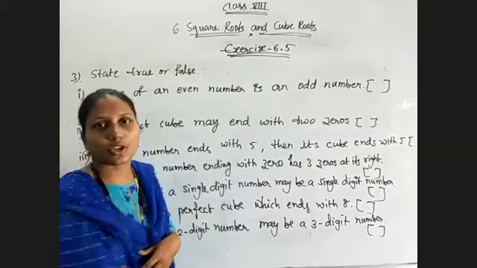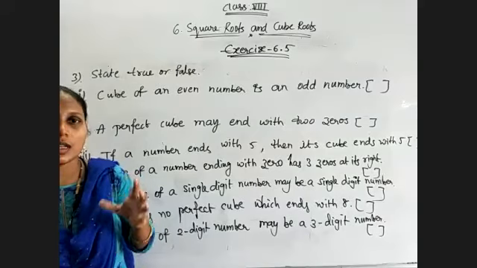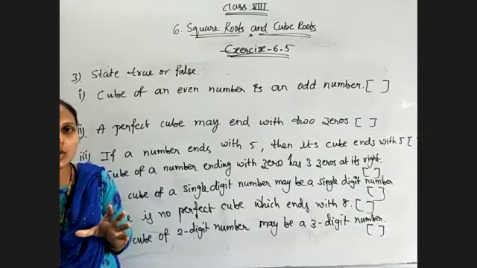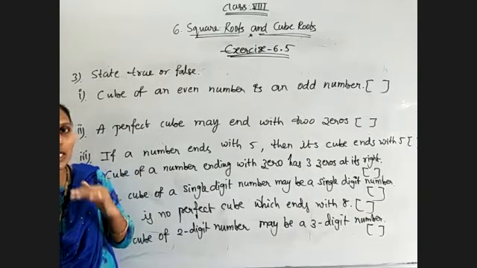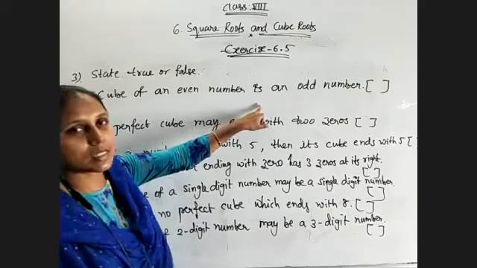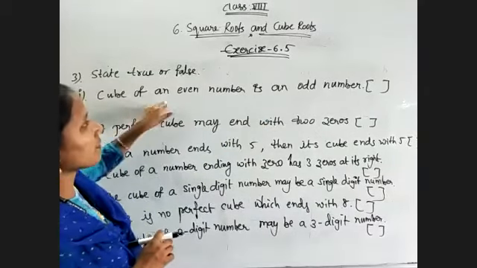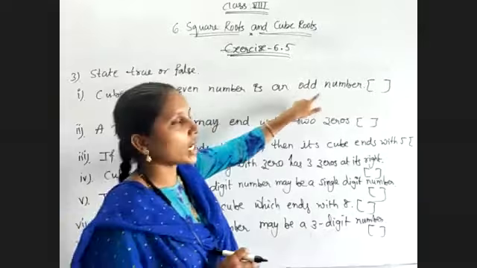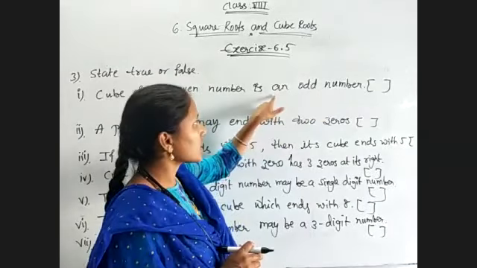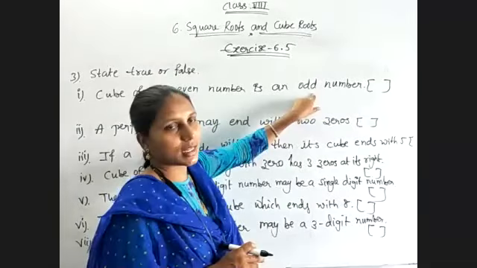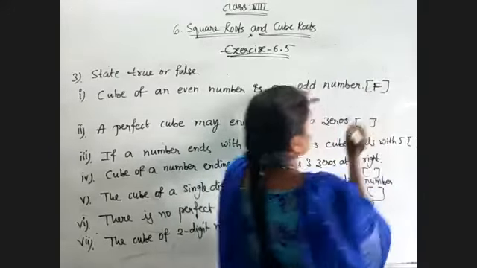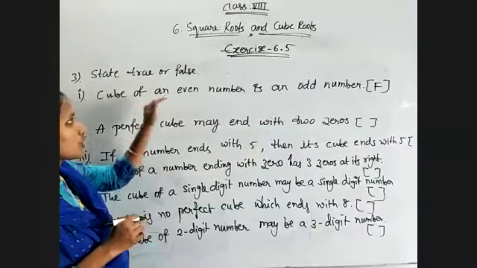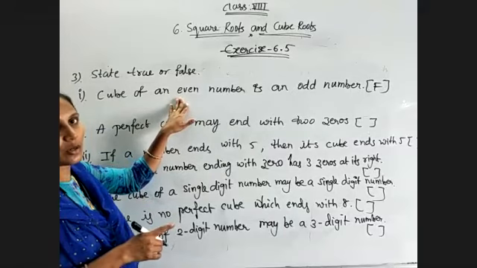Observe, 4 cube is 64, 8 cube is 512, and 10 cube is 1000. Like that we are getting. All those are even numbers only, not odd numbers. So what is the statement? Cube of an even number is an odd number is given, but an even number is the correct answer. So it is a false statement. Always cube of even number we will get even only.